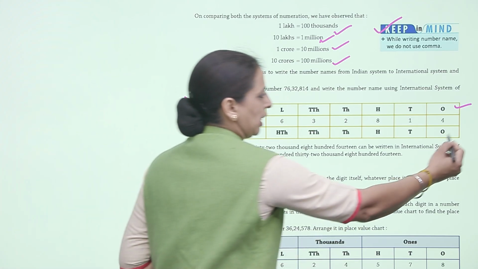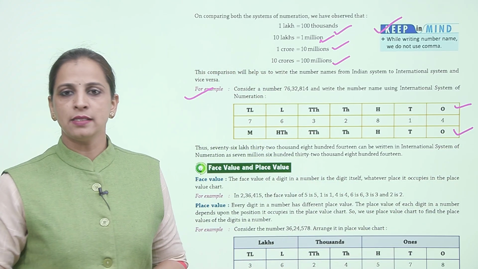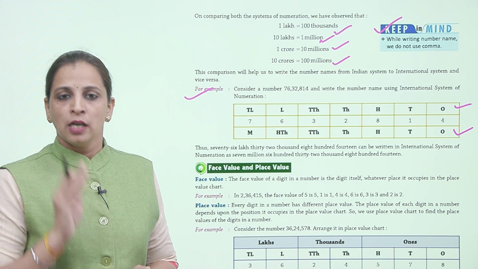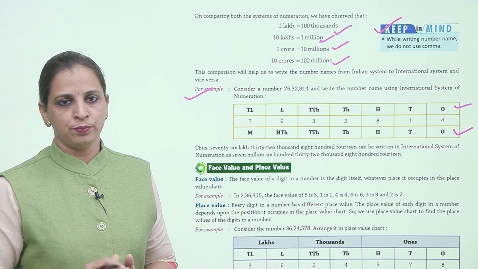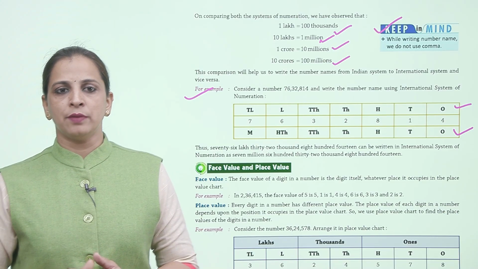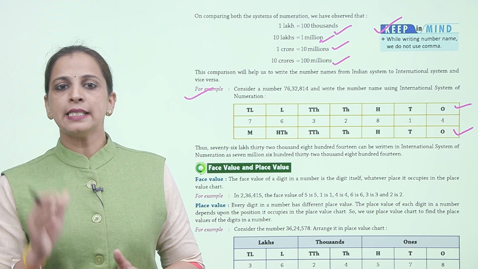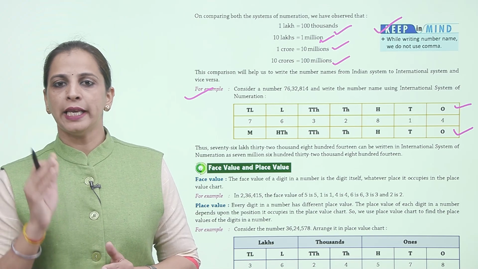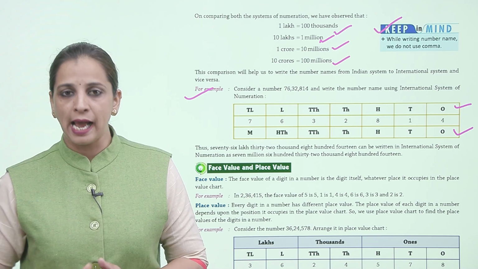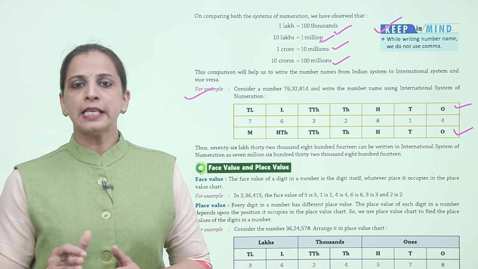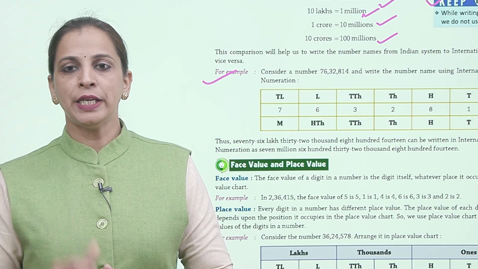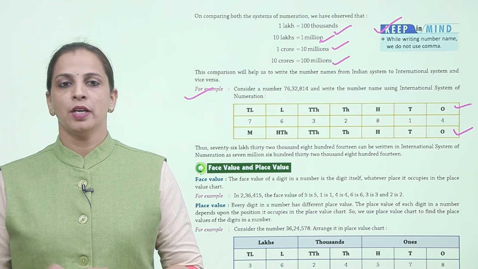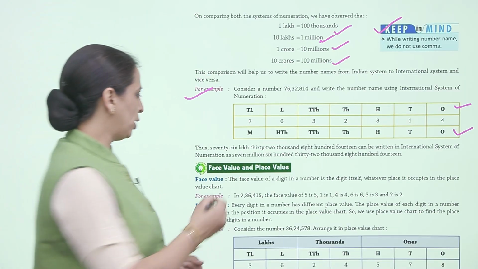And in the international system we have 1s, 10s, 100s, thousand, 10,000, 100,000 and million. So, 7 million. Thus, 76,32,814 can be written as 7,632,814.